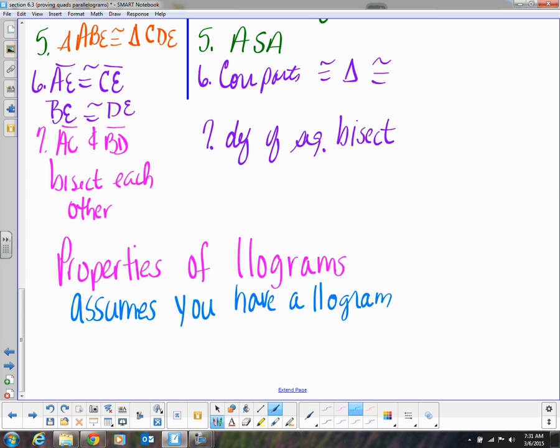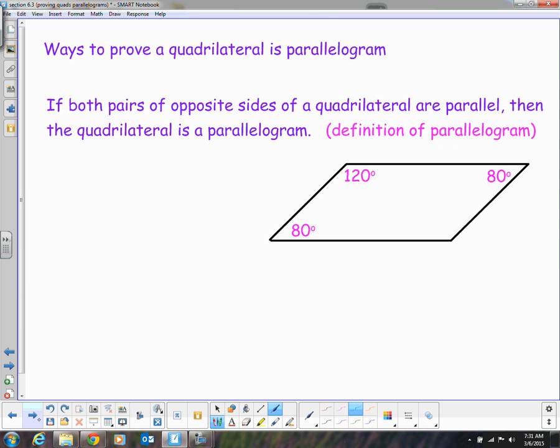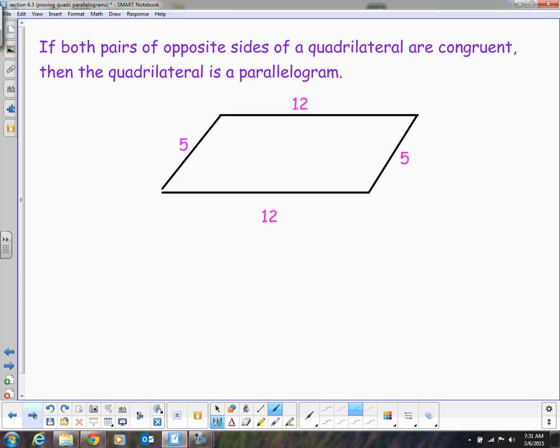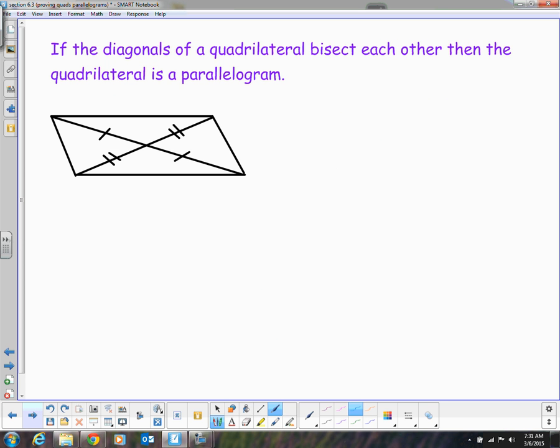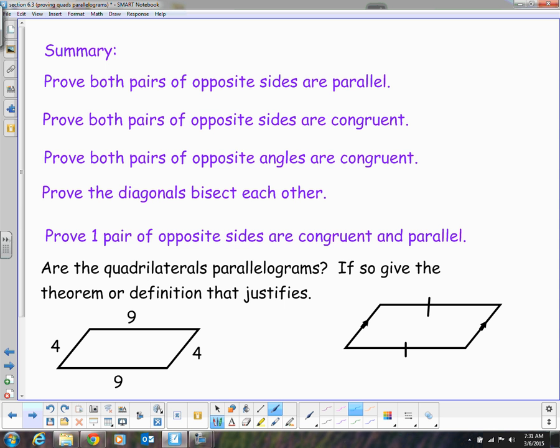And so now you've got to figure out why it is. All right, and let's see, I've got notes here. So we're going to do ways to prove a quadrilateral is a parallelogram. So there's 1 way, 2 ways, 3 ways, 4 ways, 5 ways. There's our summary.